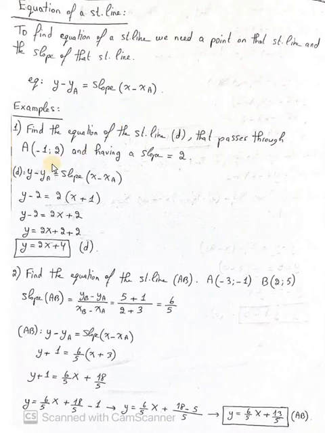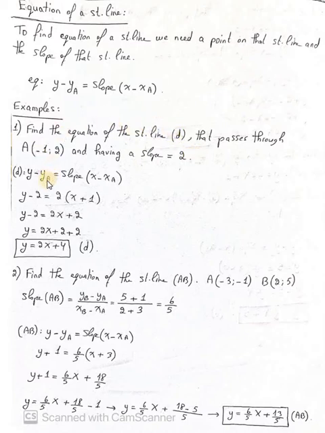So the first example: find the equation of the straight line D that passes through the point A of coordinates (-1, 2) and having a slope of 2. So we have to find the equation of this straight line and we have its slope and we have a point that belongs to this straight line.